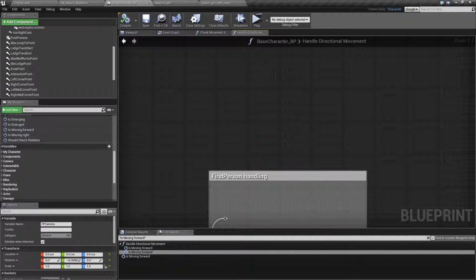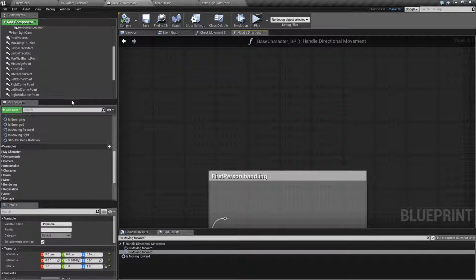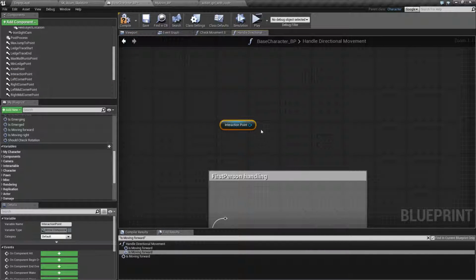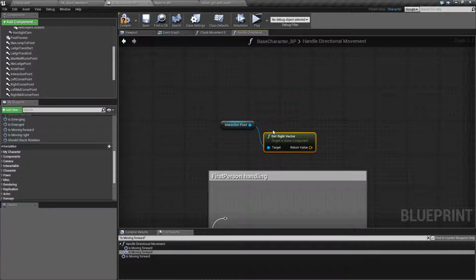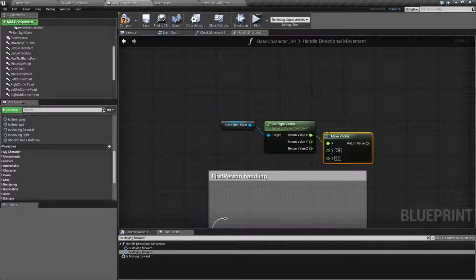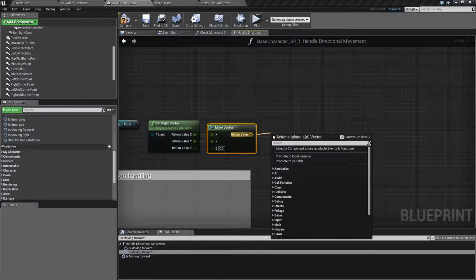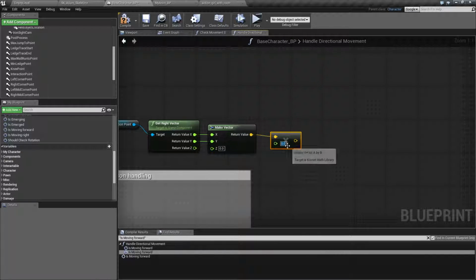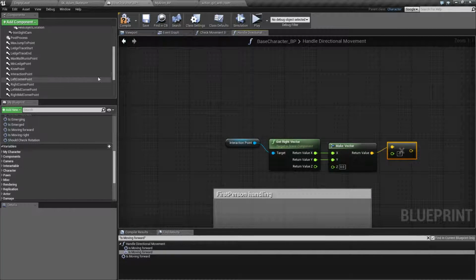So we do that by making, let's drag out the interaction point here, and we get the right vector from this one. And we ditch the z-axis from this one, so make a vector and get rid of the z-axis. And then we want to turn this vector around because we are facing the back to the wall, so we need to compare it with the opposite direction.